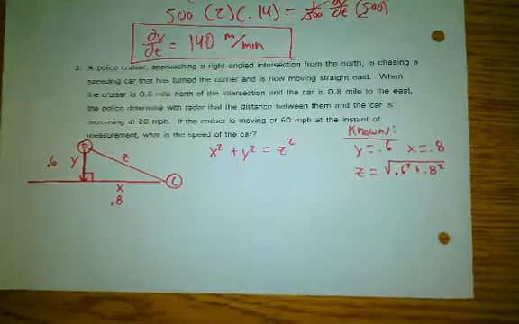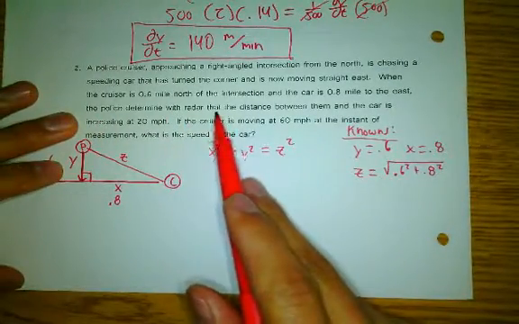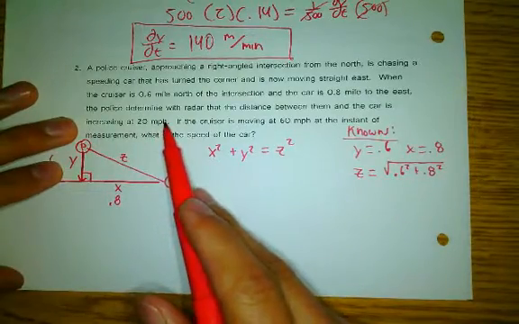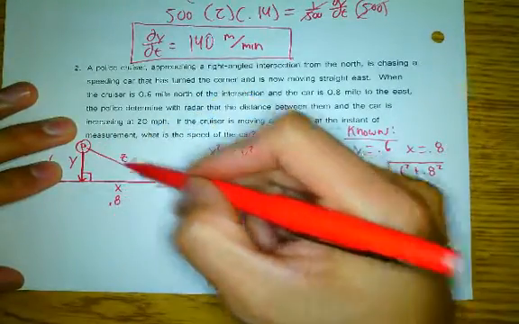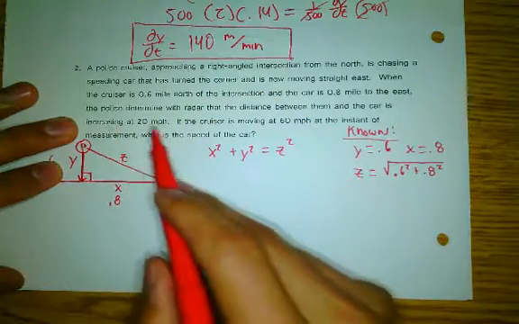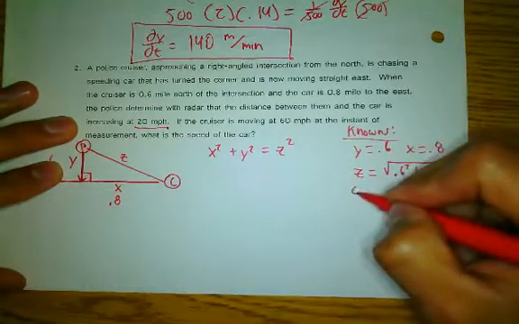Alright, we're going to keep reading. The police determines with the radar that the distance between them and the car is increasing at 20 miles per hour. If the radar is shooting in this direction, that means that this is a derivative, right, in terms of time. So we know that d something over d time equals 20.